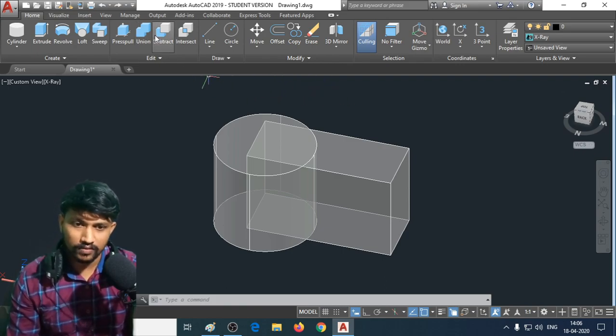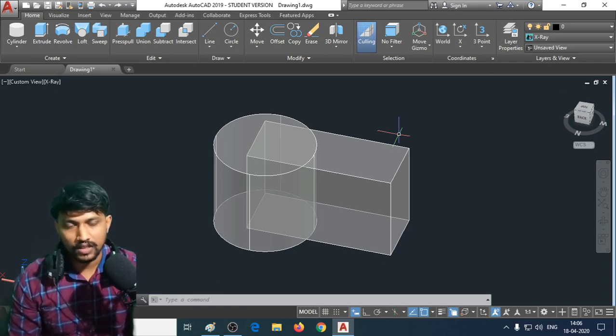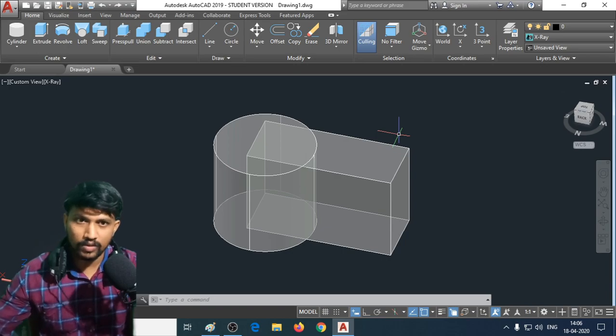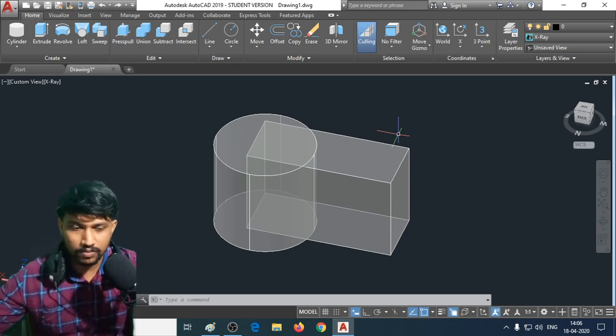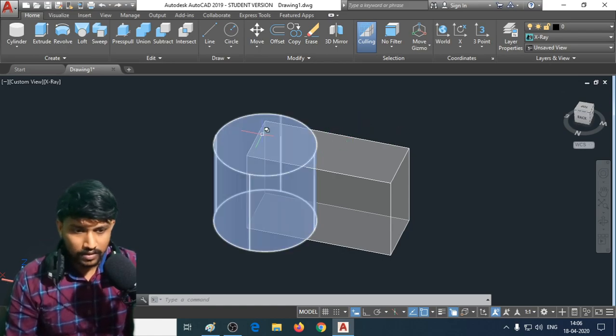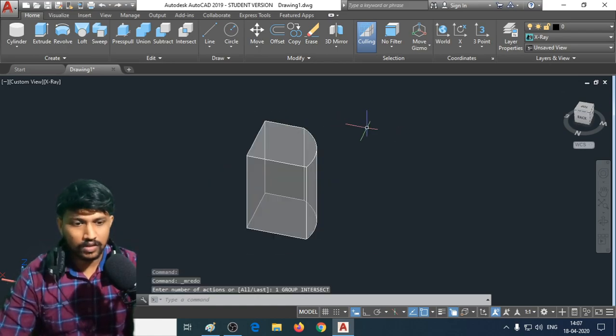In case of subtract only, we have to select the objects independently. First we need to select the object that we want to keep, and secondly we have to select the object that we want to subtract from the first object's portion. Okay, so this is how the intersect command is going to work.